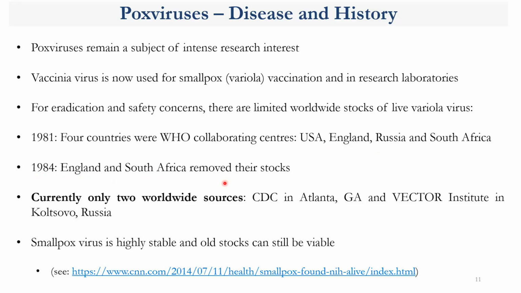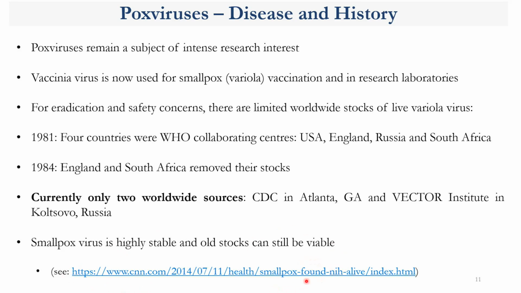So there are 2 remaining stocks of smallpox worldwide, okay: CDC in Atlanta and Vector Institute in Russia, okay? Now, the problem with this is this virus is highly, highly stable. So even if you leave them in the freezer for decades, these old stocks are still viable. So this virus is fairly resilient when it comes to infections, okay?